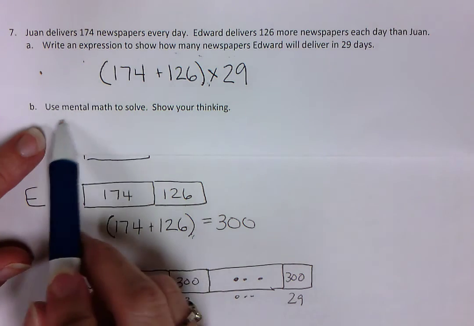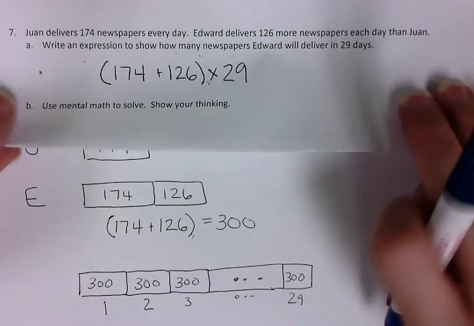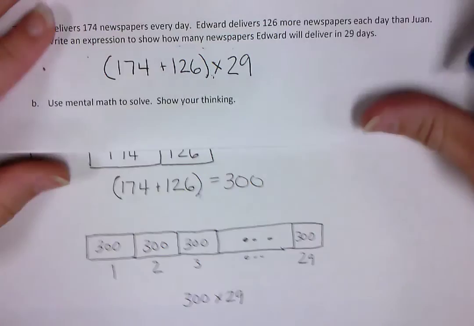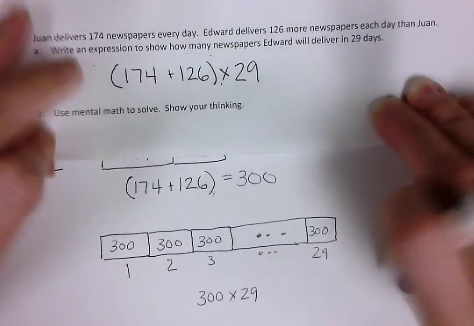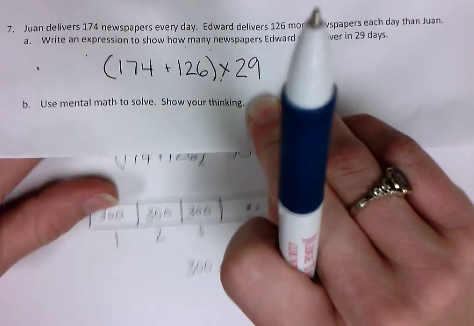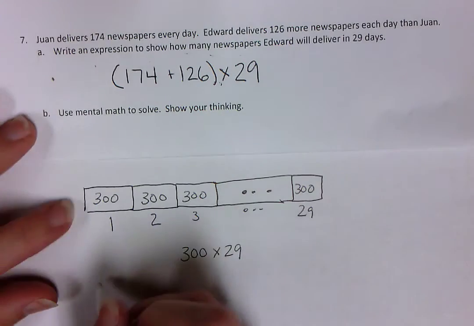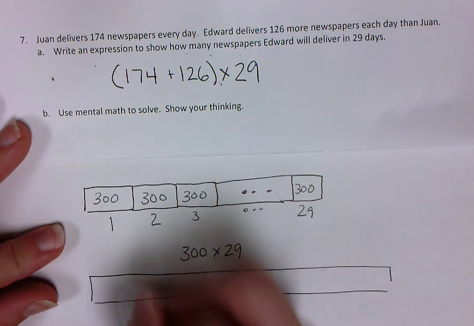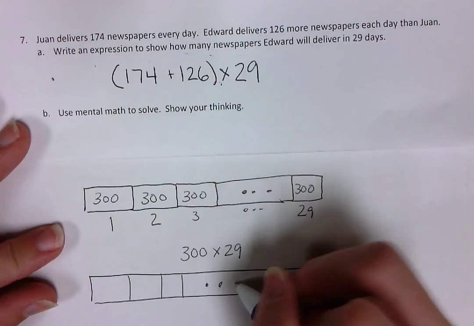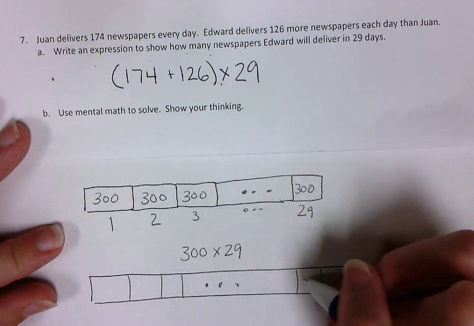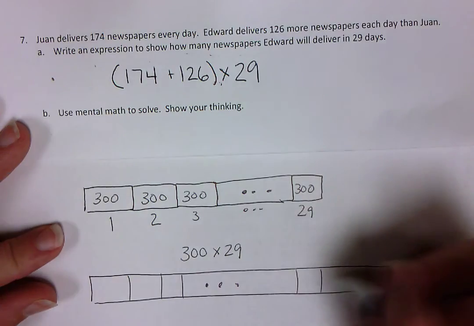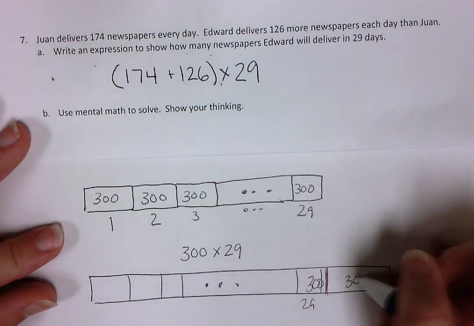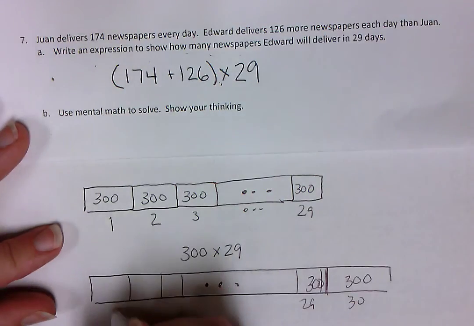Now we're asked to use mental math to solve. So let's look at our problem. Now, 300 times 29, I might not know off the top of my head, but I do know 300 times 30 right off the top of my head.